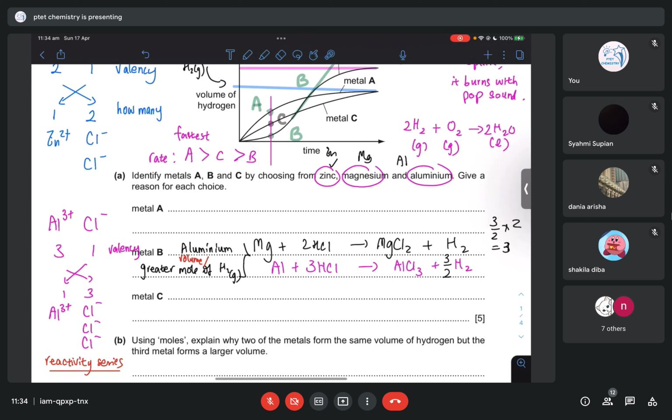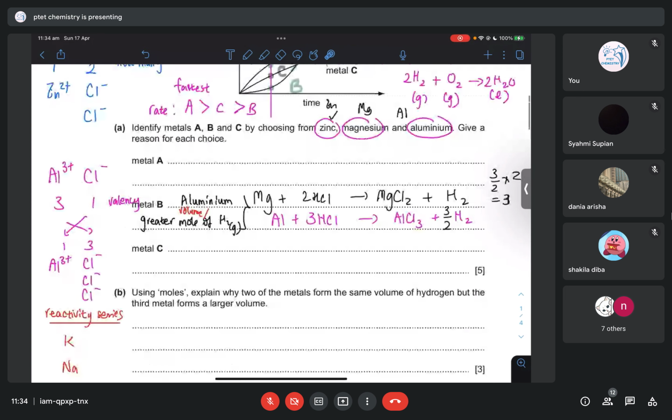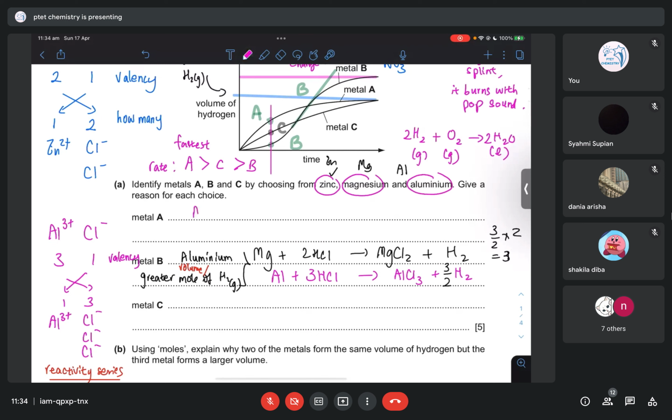The fastest one, the one that gives you the greatest volume of gas in the same time, is going to be the most reactive metal. That should be magnesium. So A is supposed to be magnesium because it is the one that reacts the fastest. So fastest rate. But that doesn't mean anything unless you can talk about the most reactive metal of the three.